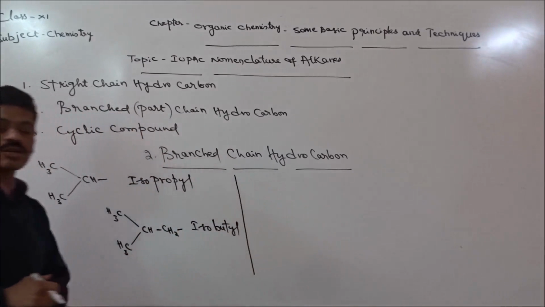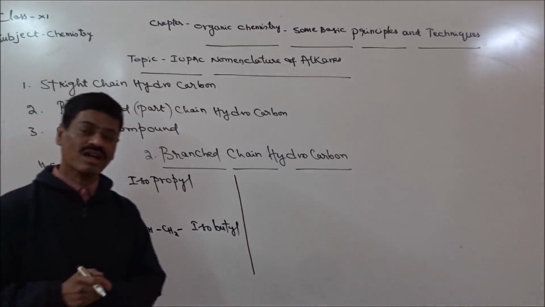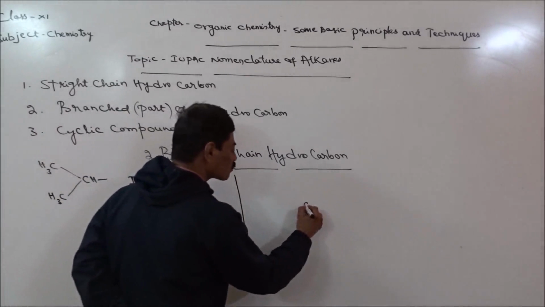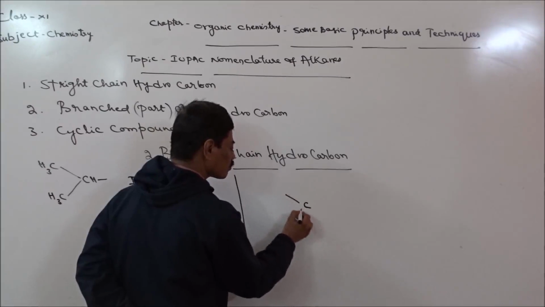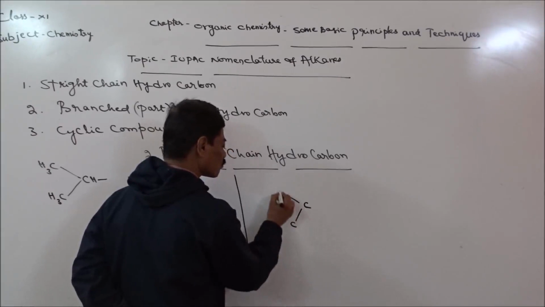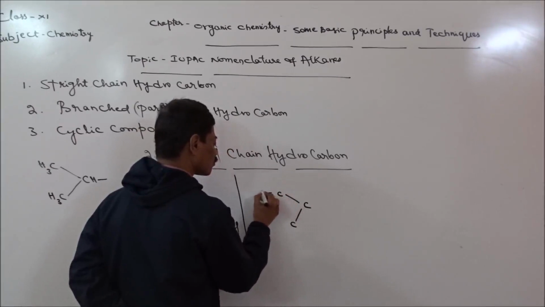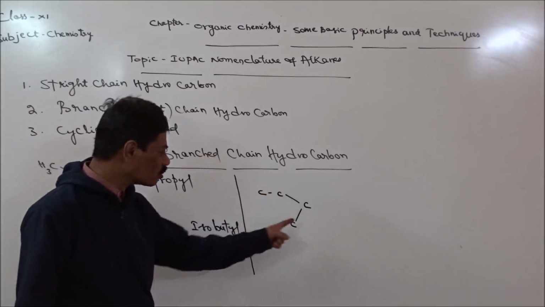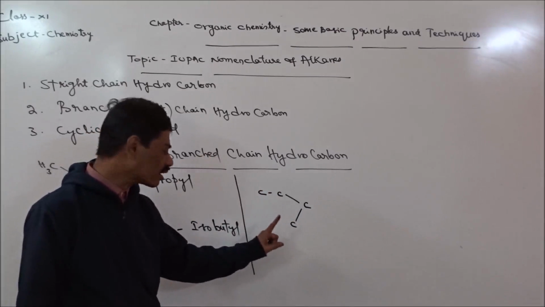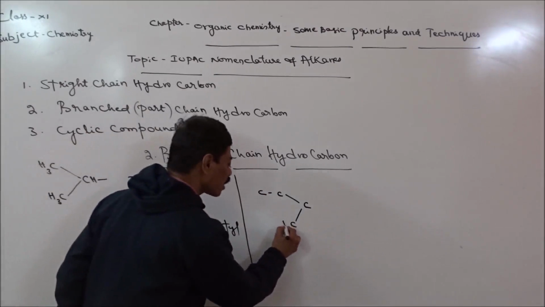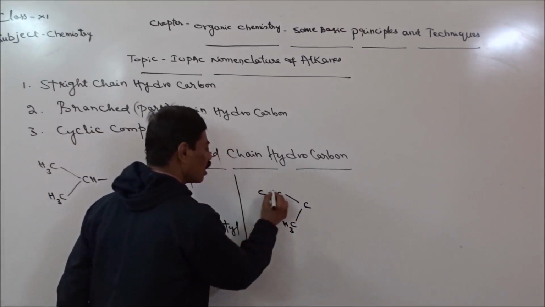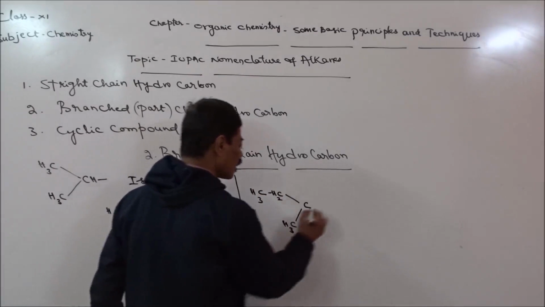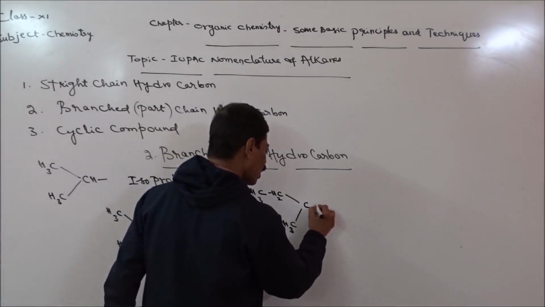If two alkyl groups of different types are connected to one carbon atom, look at this. Two alkyl groups: this is one alkyl group, this is the other alkyl group. An alkyl group containing a single carbon atom is methyl, and this is ethyl.